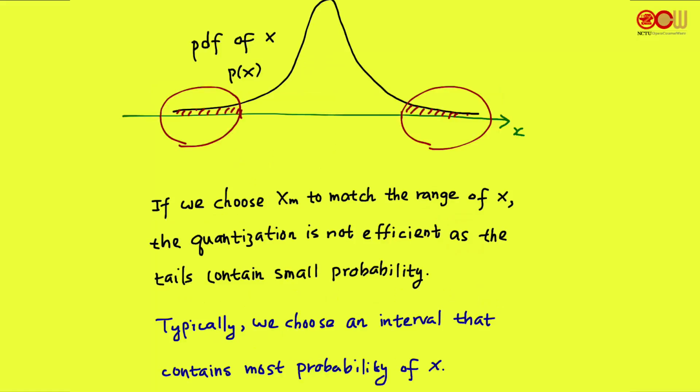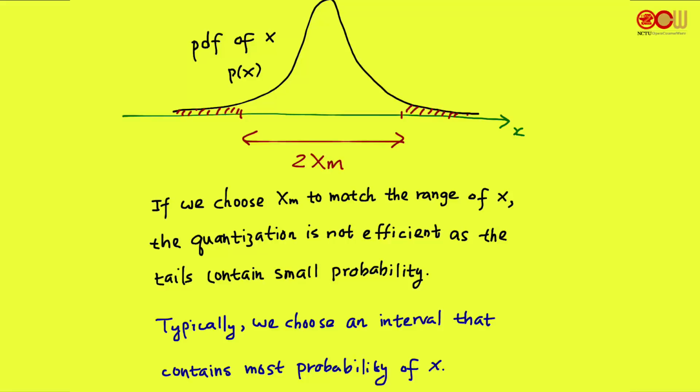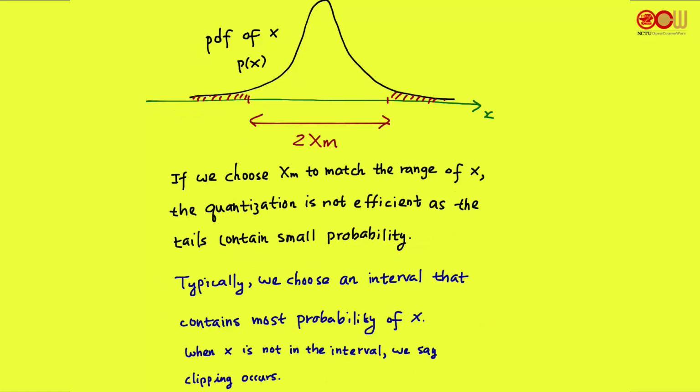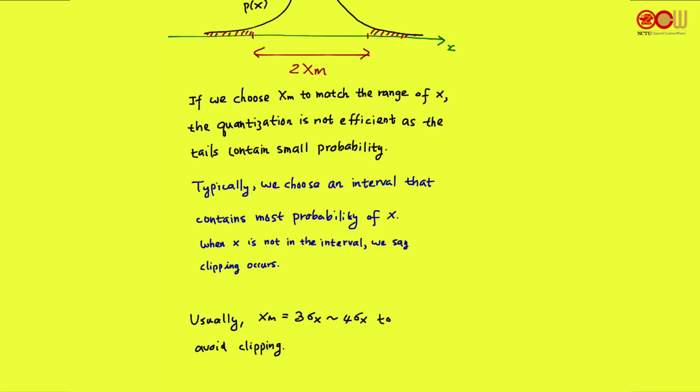The quantization in this range would not be very efficient. So typically we choose a range that contains most probability of x. When x is not in this interval, we say clipping occurs. Usually if we choose Xm to be 3 times to 4 times the standard deviation of x, then the probability of clipping is a small one.